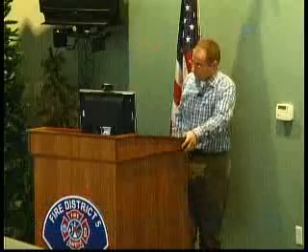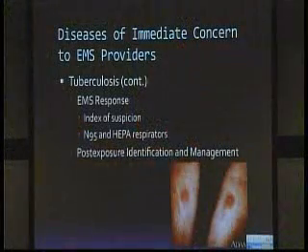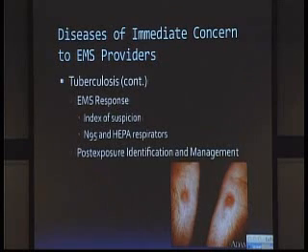So the times to think about it are when you've got any of these things, the cough, the weight loss, hemoptysis, night sweats, in someone who is at risk. So if there's any concern, I would recommend that you wear an N95 mask, and then as part of your job, you'll get routine post-exposure identification and management.